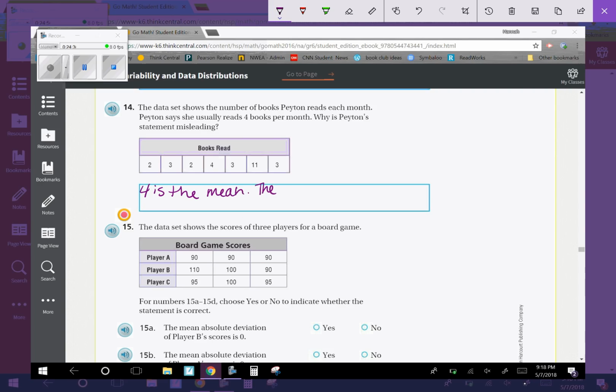The mean is misleading because of the outlier 11. Because that outlier 11 increases the mean.